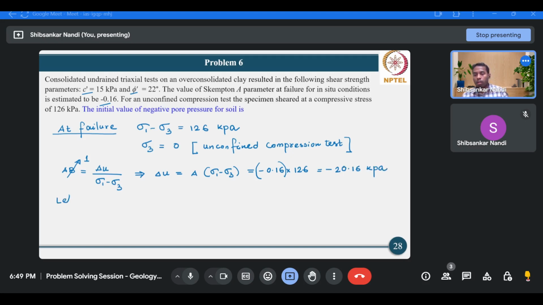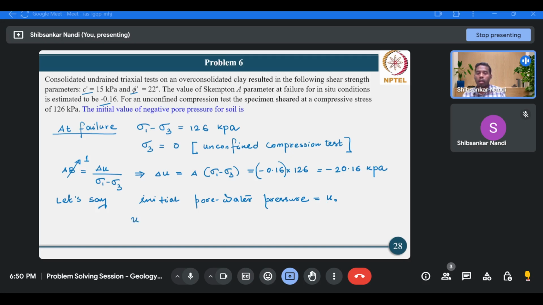Now let's say your U0, the initial pore water pressure, is unknown.